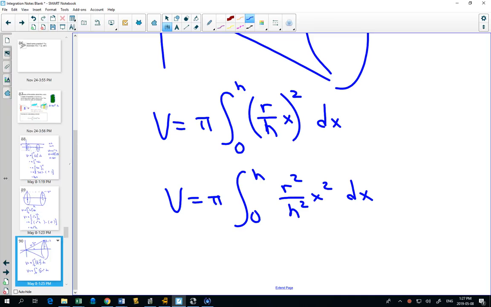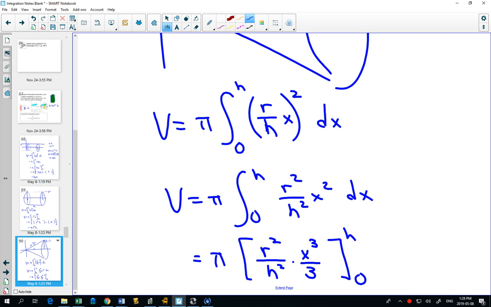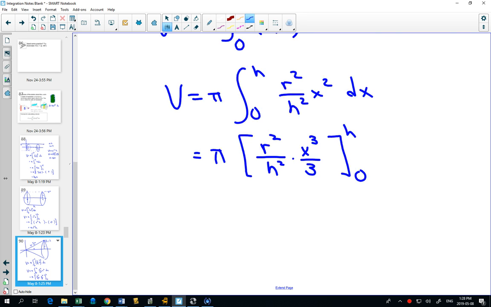And we can integrate. Remember, r and h are just numbers. The only thing we're integrating with respect to is x. So now we would have pi r squared over h squared times x cubed over 3 from 0 to h. So beautiful.